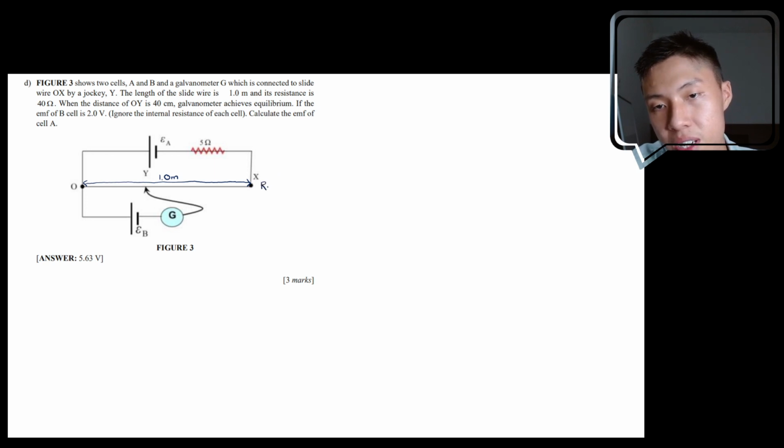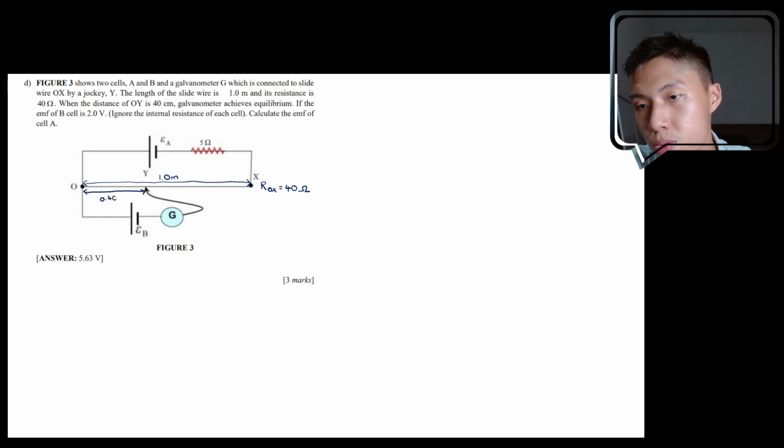So I can write the resistance of the wire. Let's write OX, the whole length over here, the resistance is 40. Then they say when the distance for O and Y, which is from here to here, is 40 cm, 0.40 meter.